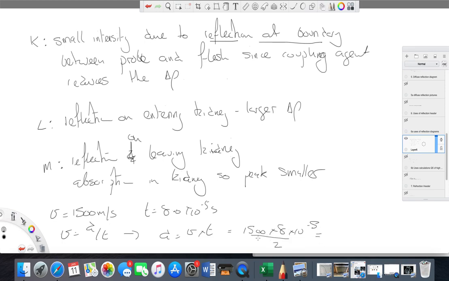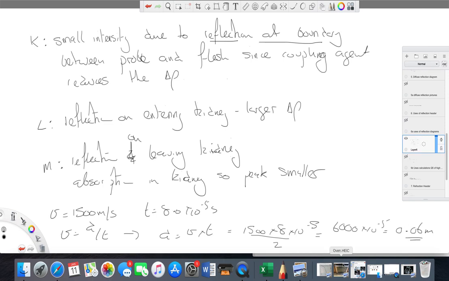So 1500 times 8, which is 12,000, divided by 2 is 6,000, times 10 to the minus 5, 0.06 meters, 6 centimeters, which is about right for a kidney. So I'm happy that that answer is right.